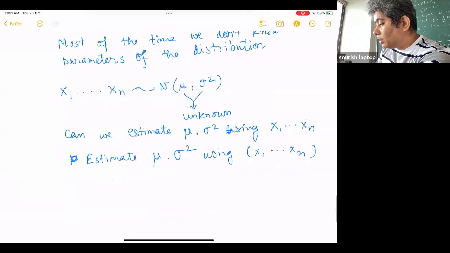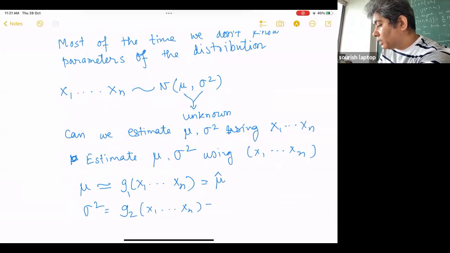So mu will be some function of x1, x2, xn, and your sigma square will be some function of x1, x2, xn. We typically mark it as mu hat and sigma hat square.